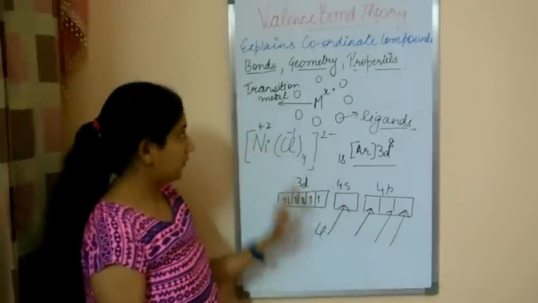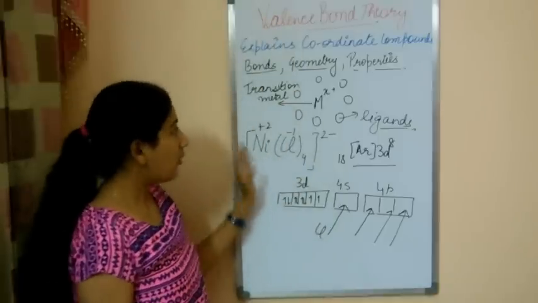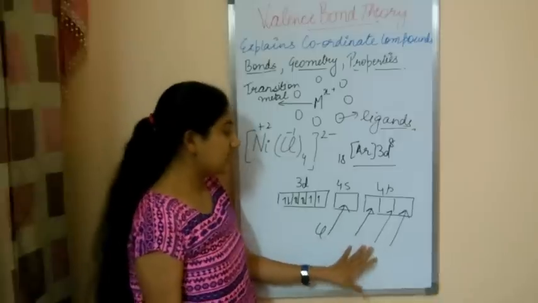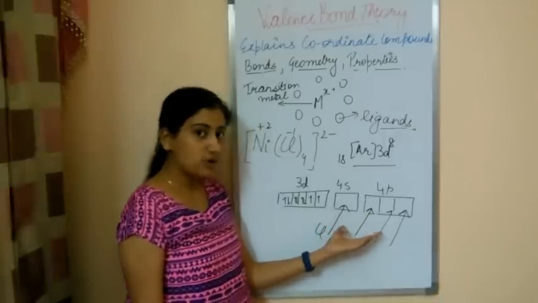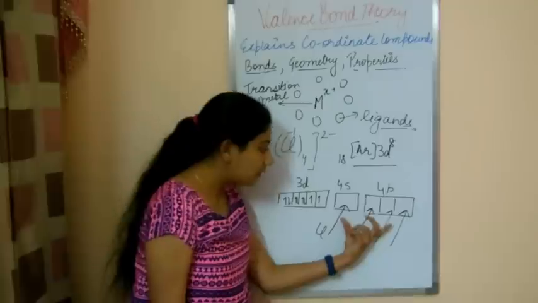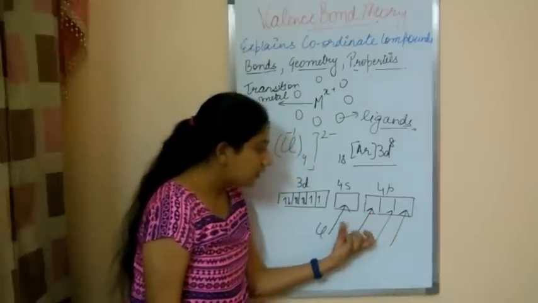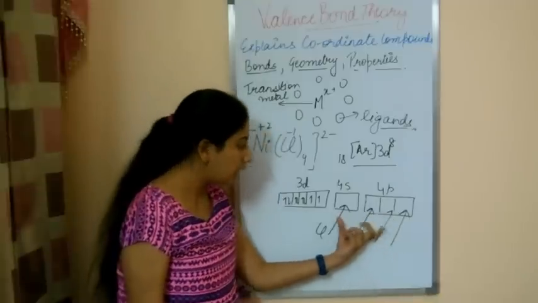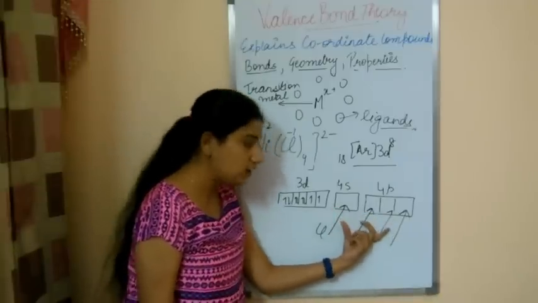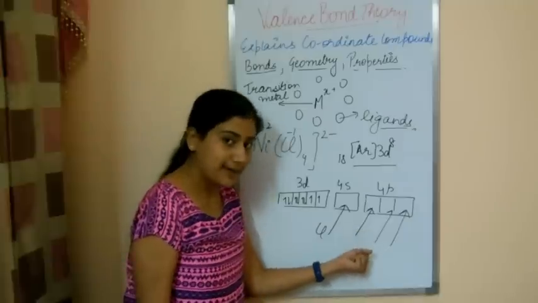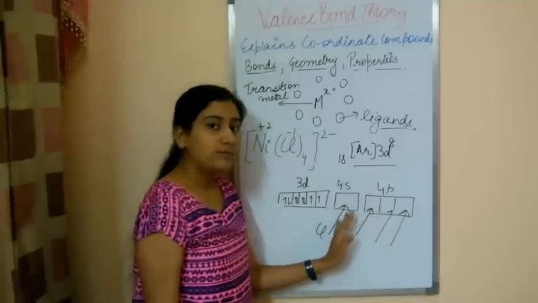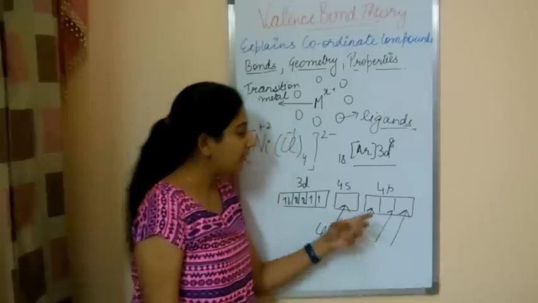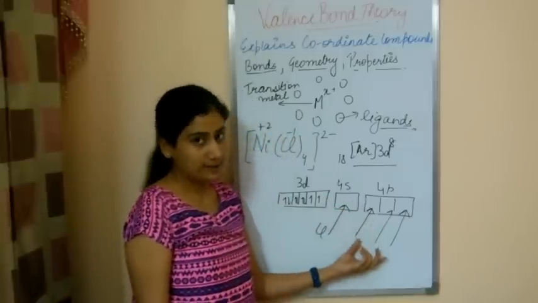Now, here is how valence bond theory applies hybridization in coordinate compounds: the empty orbitals of the metal atom are going to mix together and hybridize, and they will form a new set of orbitals which will be of the same shape and will have a definite orientation.